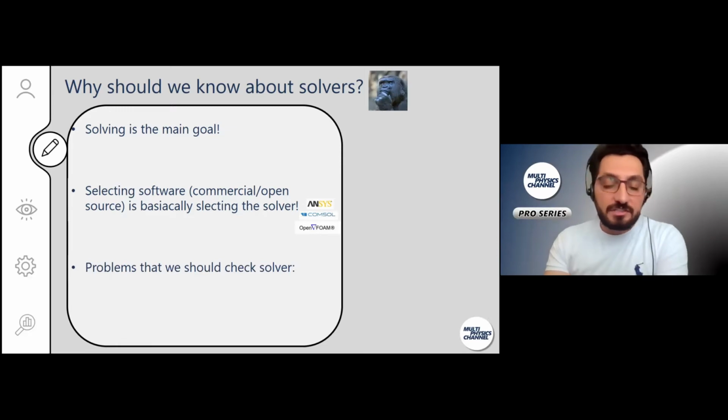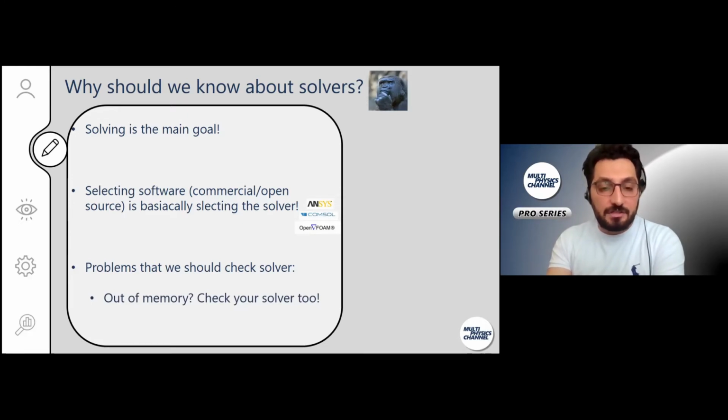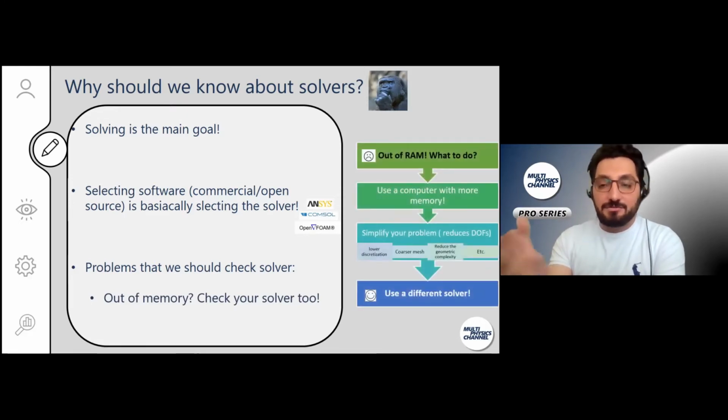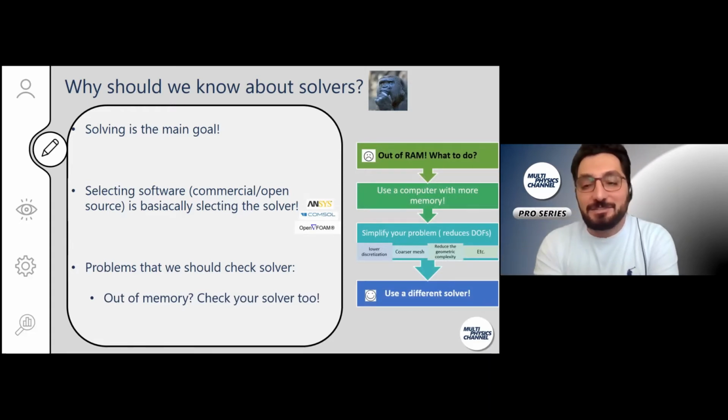And the third one is that there are some problems in the simulations that we do where it's also good to check solvers. For example, here I provided two problems that we usually face. First of all, if you're out of memory, it means that your RAM is not enough. For sure, the first option is that you can increase your computational power to have a more powerful computer.